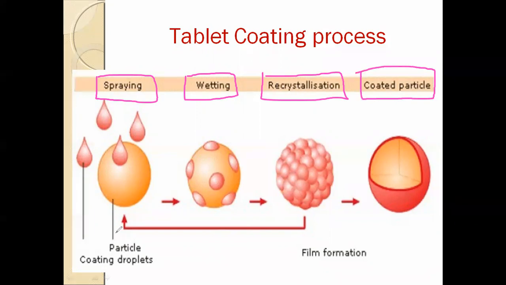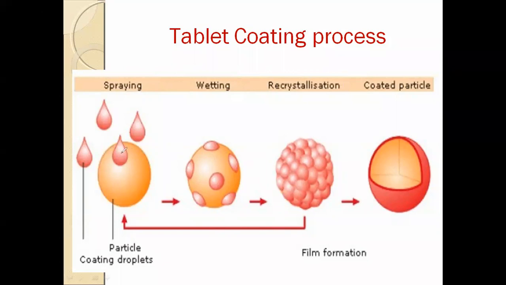Now you can understand from this. This is a core which is shown here in a spherical yellow color. On this core, you are going to apply the coating formula with the help of spraying. You can see you have started spraying. Now you can see the coating droplets which get adhered to the core.